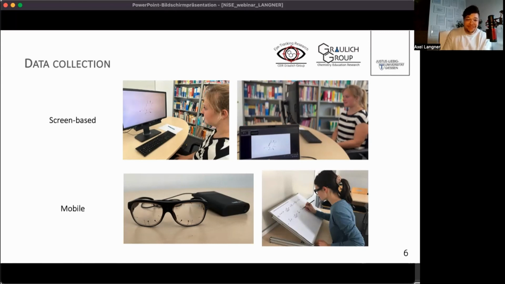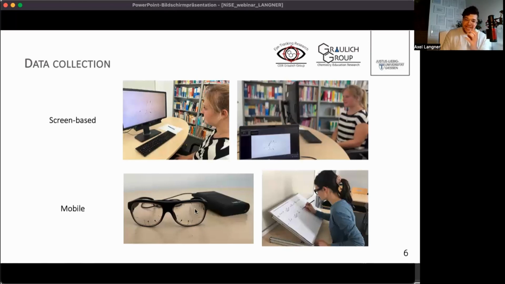So it's a non-invasive method to record the eye movements. And here, this is a picture of my study setting. And here you can see I have a second monitor where I can observe in real time where a person is looking. That's quite fancy. And another fancy tool is mobile eye tracking.